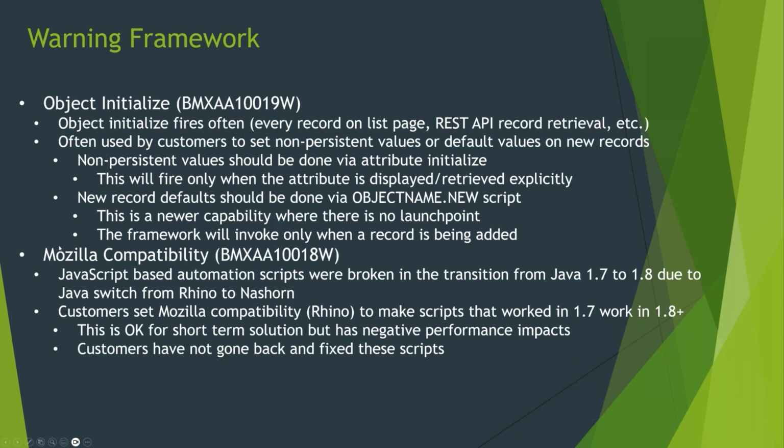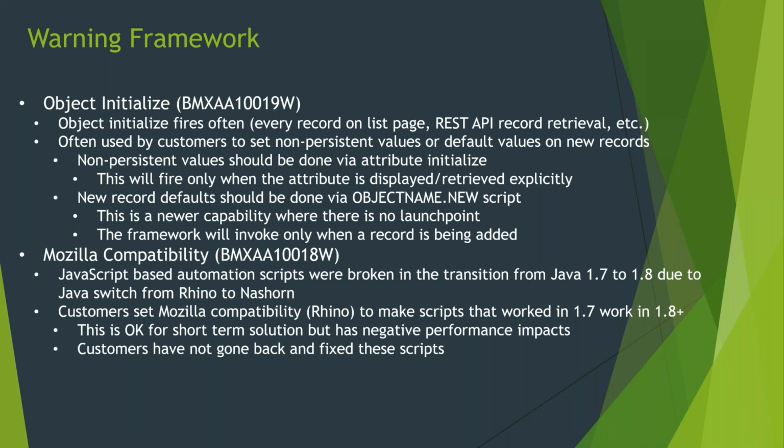Another one that we still see a lot is Mozilla compatibility. So back when we switched from Java 1.7 to 1.8, the Java framework switched from Mozilla Rhino to Nashorn. And what is intended to be a stopgap scenario is to load compatibility, so that all of your scripts from 1.7 worked in 1.8 and everybody was fine.